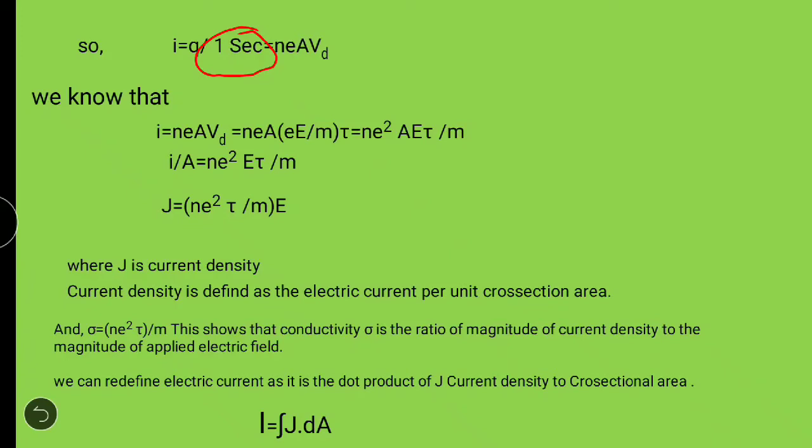So here students, what is Vd? That we have already found out. Vd was nothing but small e into capital E upon m, with tau.